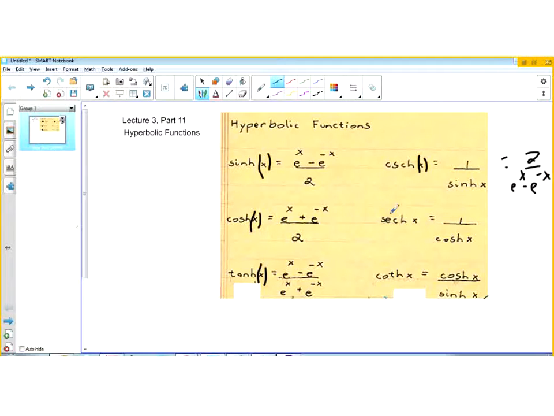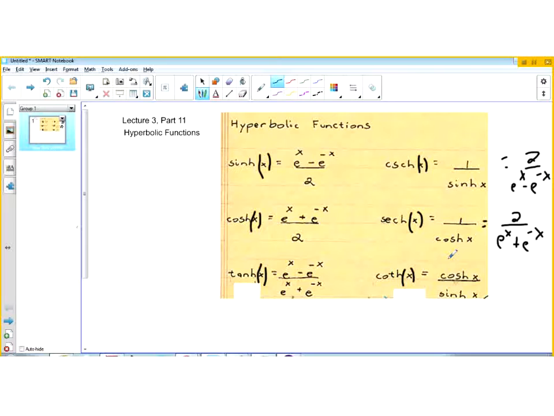Then we have the hyperbolic secant of x, sech of x, which is 1 over cosh of x, that is 2 divided by e to the x plus e to the minus x. And then we have the hyperbolic cotangent of x, coth of x, and that's just cosh x over sinh of x.